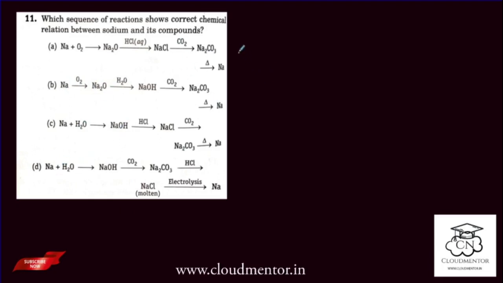That is 2Na plus 2H2O giving 2NaOH plus H2. That is the reaction happening when sodium or an alkali metal reacts with water. Hydrogen is liberated and sodium hydroxide is formed.